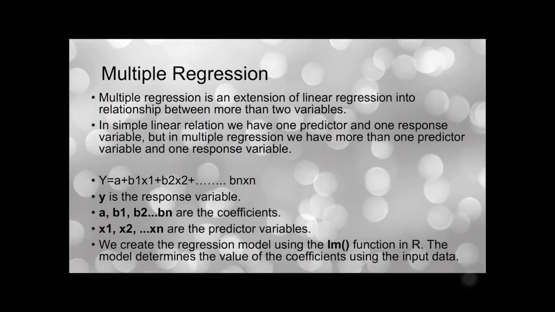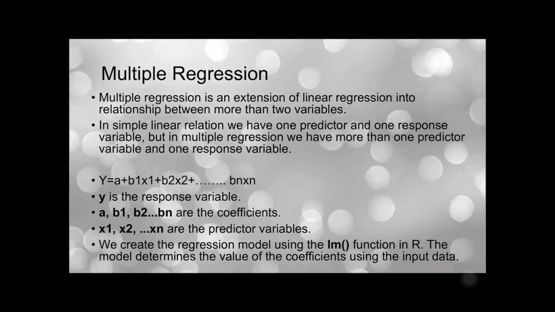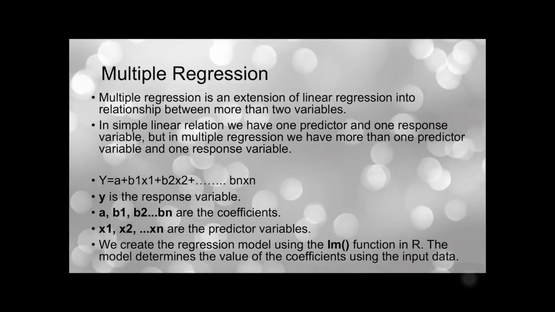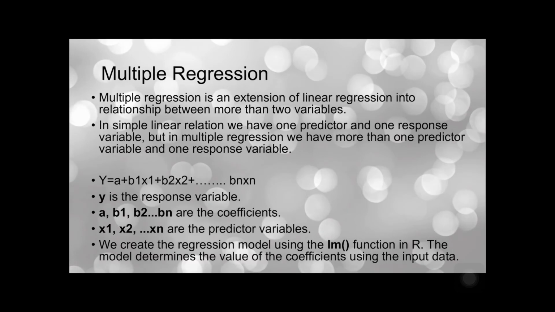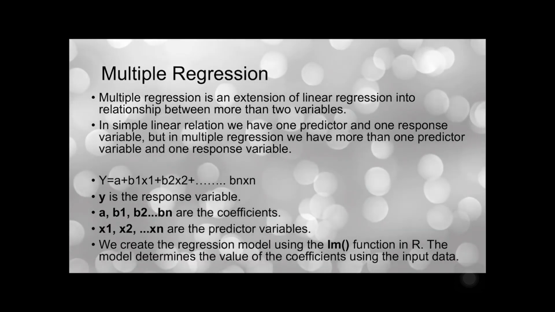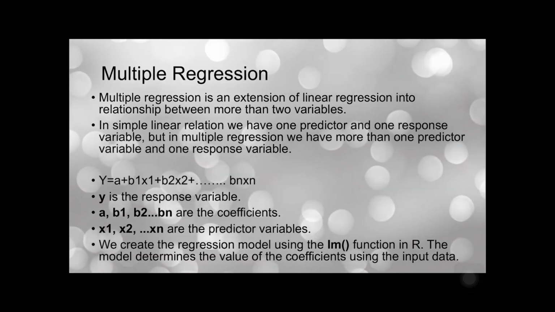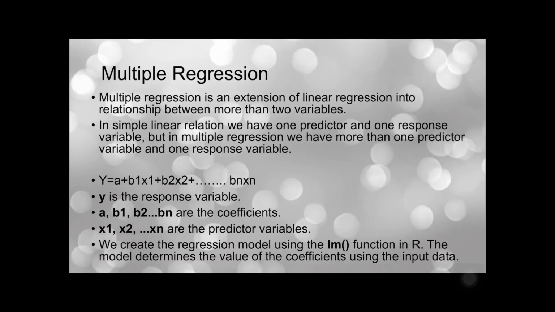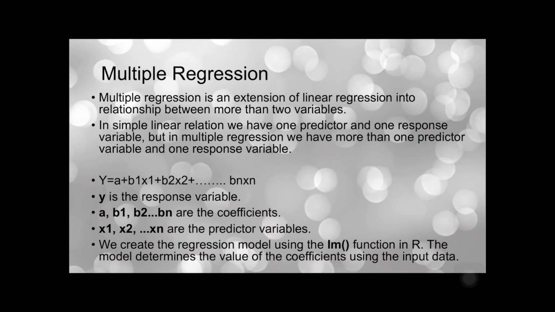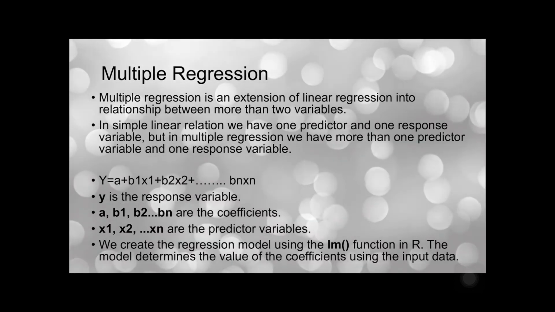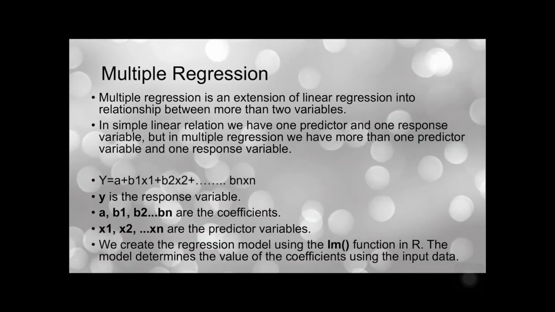The next is multiple regression. Multiple regression is actually the extension of linear regression into a relationship between more than two variables. In simple linear regression, we have one predictor and only one response variable. But in multiple regression, we have more than one predictor variable and one response variable.